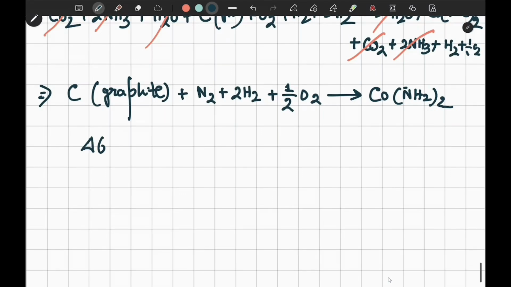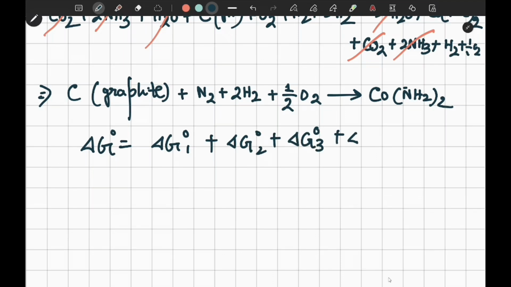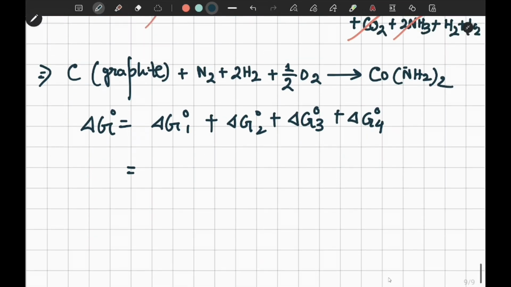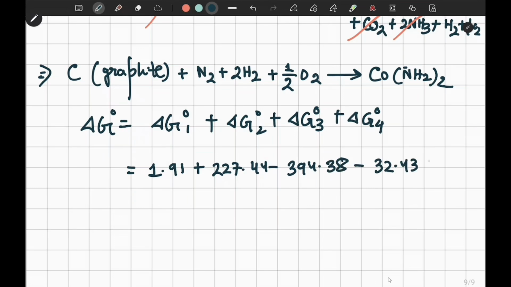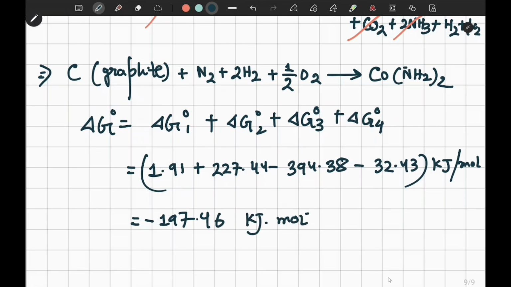So obviously the final del G will be del G1 naught. Here it is straightforward, but if it is not, then we have to multiply by some factor and then add it. We have to figure that out in that case. So if we add it, it will be 1.91 kilojoule per mole, and it will be minus 197.46. So this will be the answer.